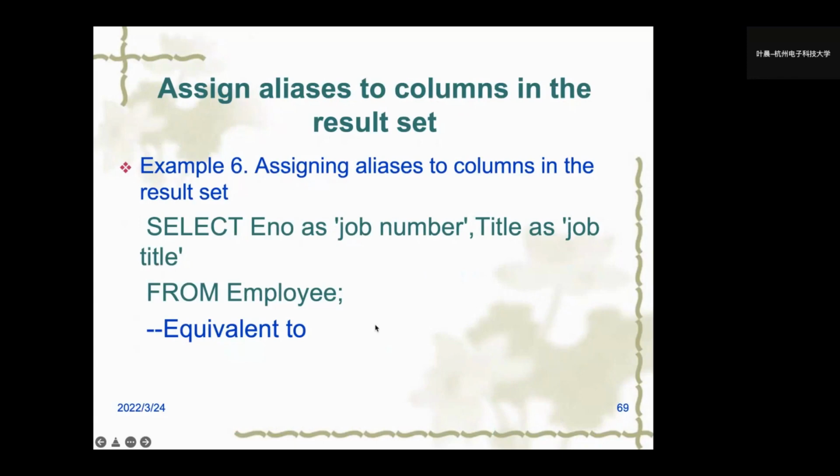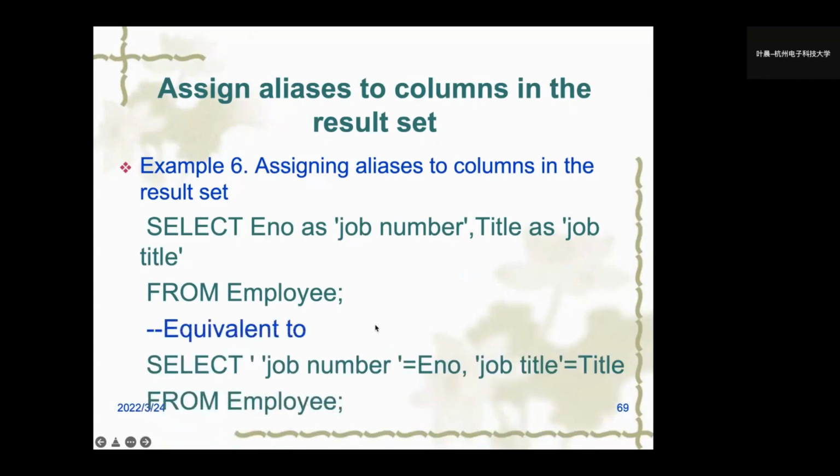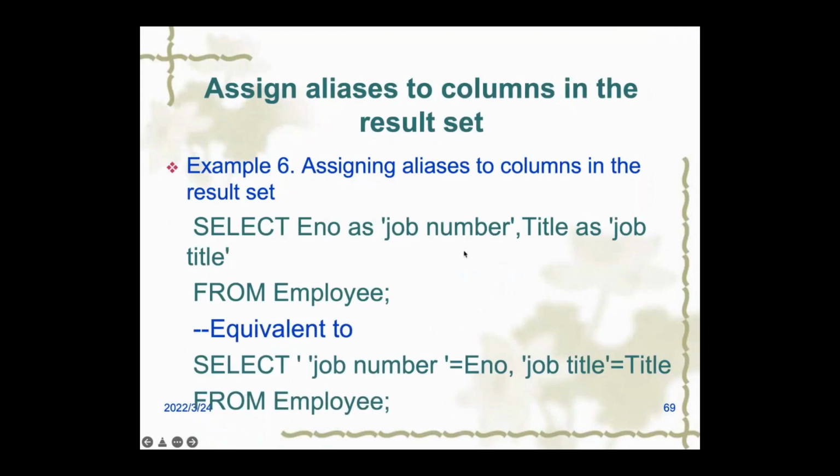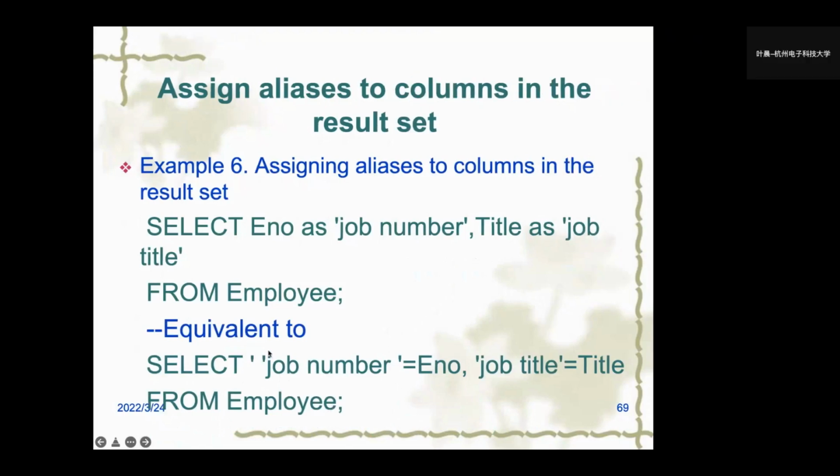So this is equal to select job number equal to ENO and the job title equal to title. These two solutions are used to assign aliases to the columns, so we can get the query results more clear.